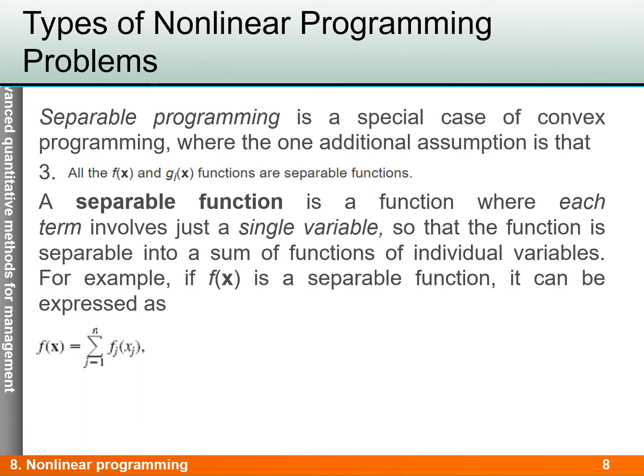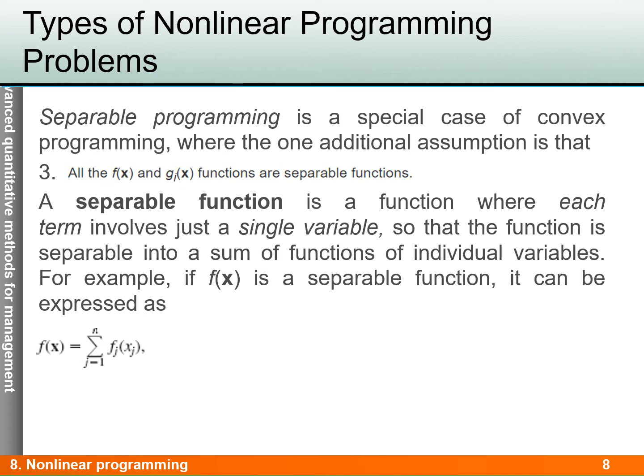If I have one objective function f(x1, x2) equal to 126x1 minus 9x1 squared plus 182x2 minus 13x2 squared, I can separate this one as f(x1, x2) equals f1(x1) plus f2(x2).